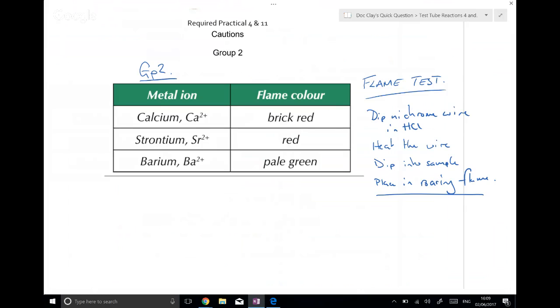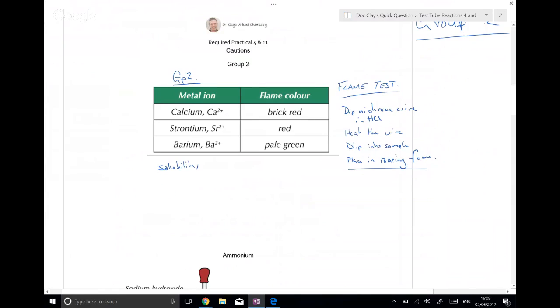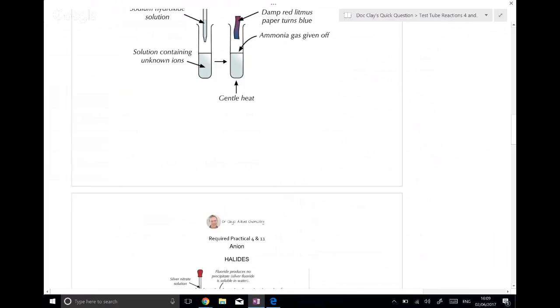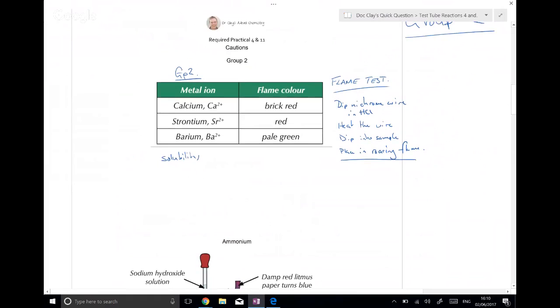The other way you can do this is by looking at the solubility of the hydroxide. Did I include a table in this? No, I didn't. Okay, so we can look at the solubility of the hydroxides and the sulfates.